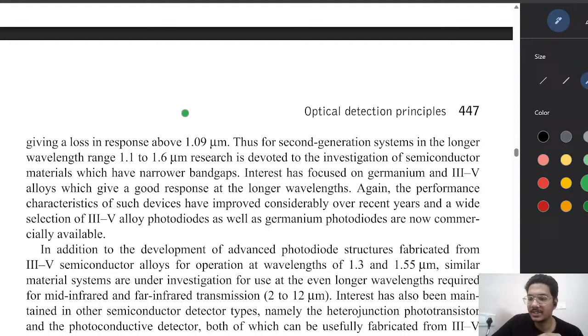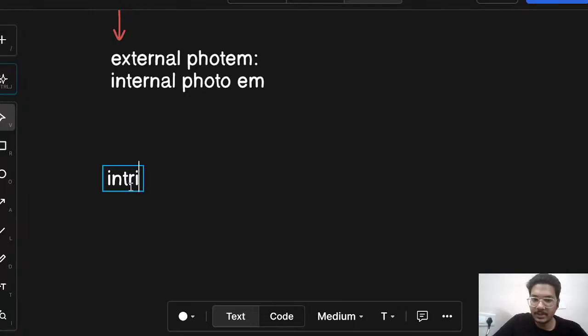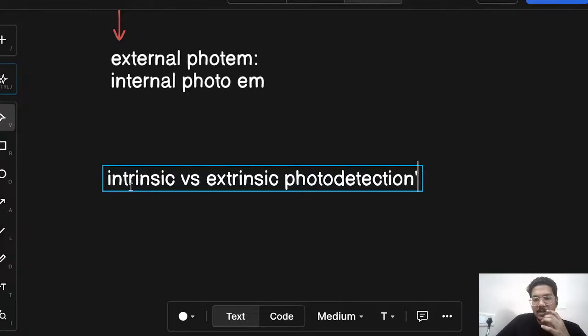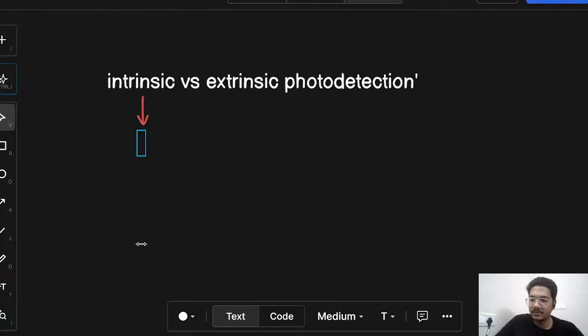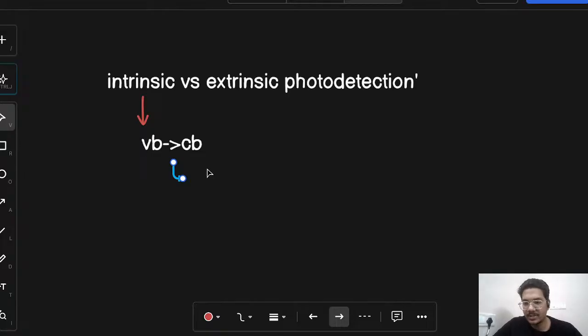Almost all fiber optic detectors use intrinsic detection.